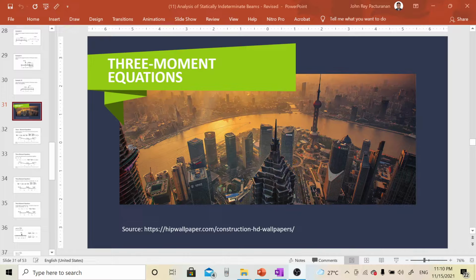Okay, no? So this equation is mostly intended for continuous beams kasi nga napaka powerful nito.